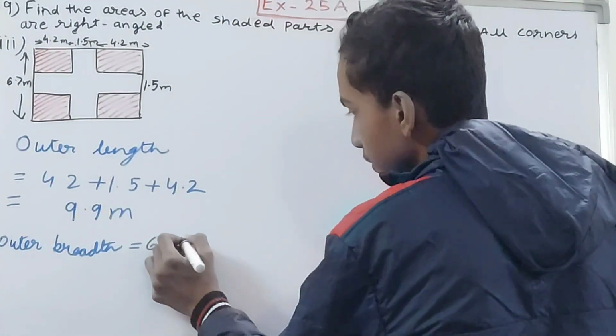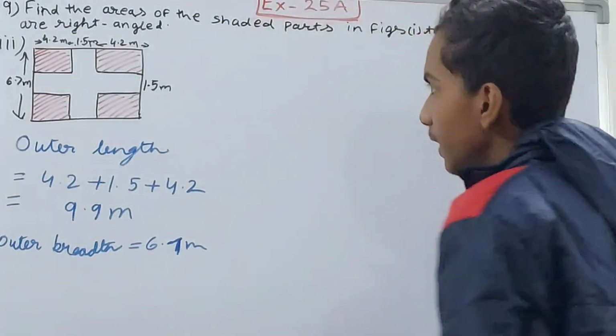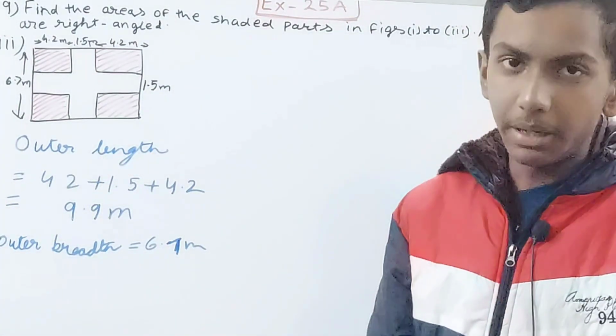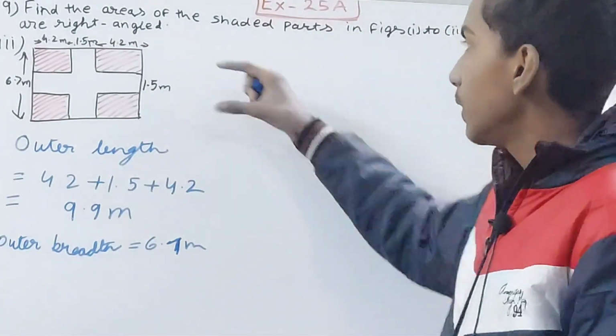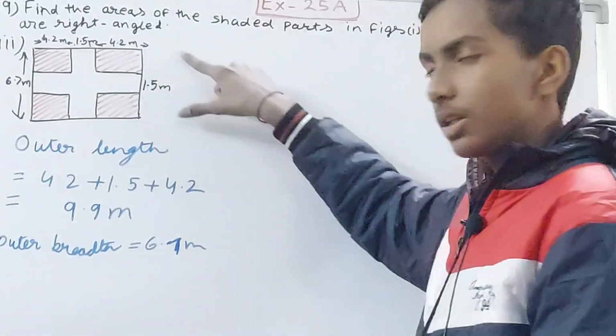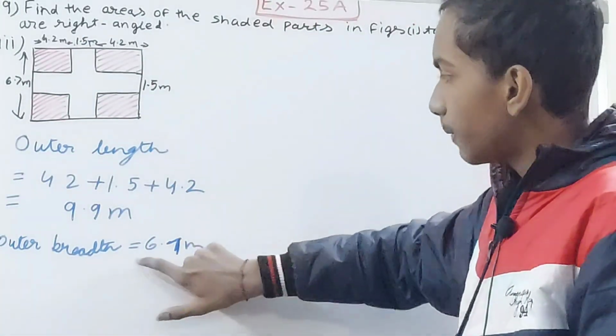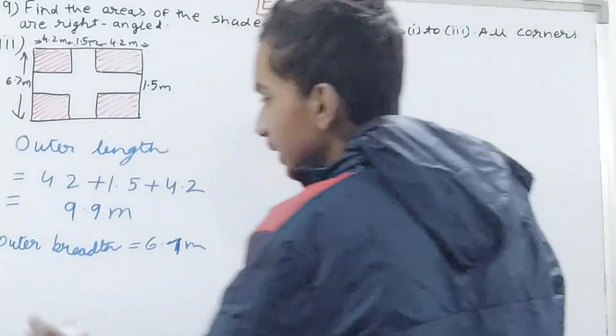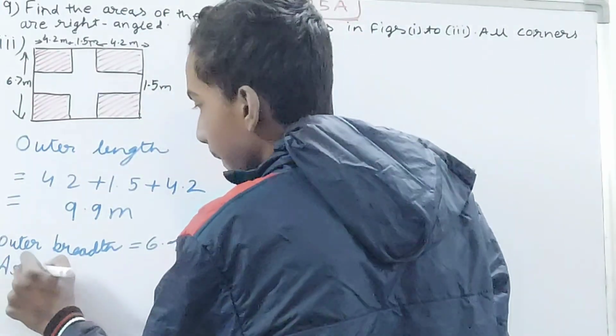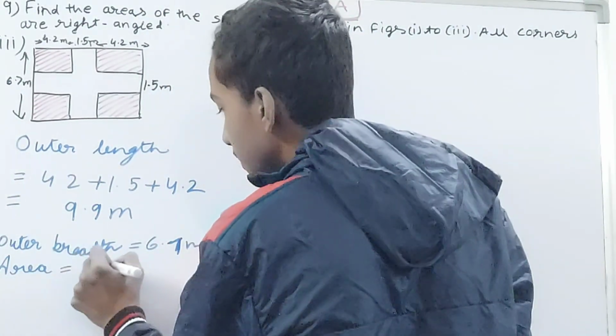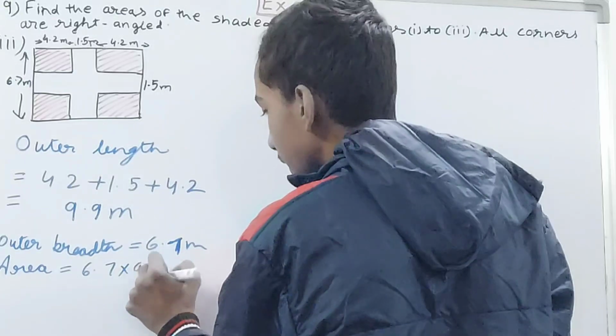Now comes the question of what we will do to calculate the area of the shaded part. See, first of all, the area of the entire rectangle will be there. So let's calculate that as well. Area, that is 6.7 into 9.9.